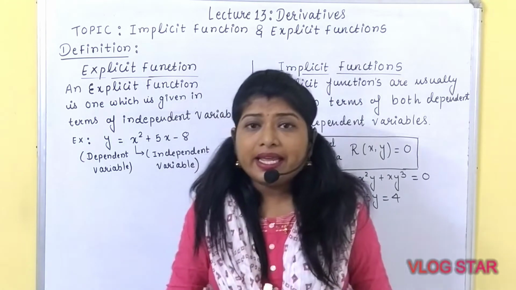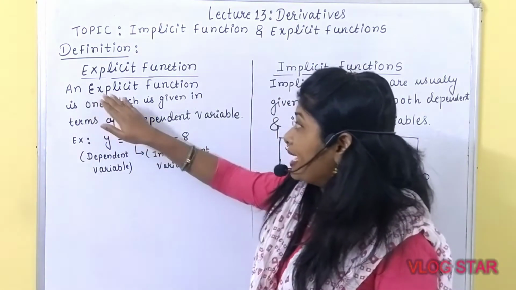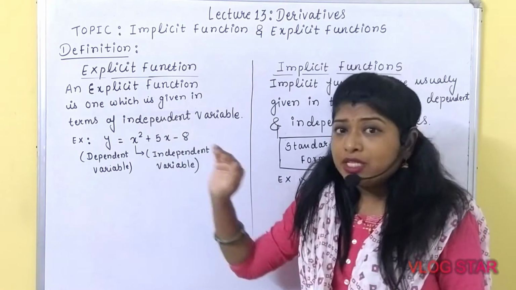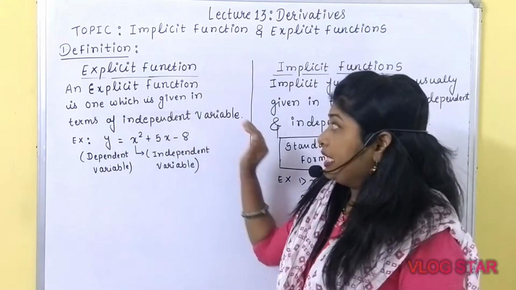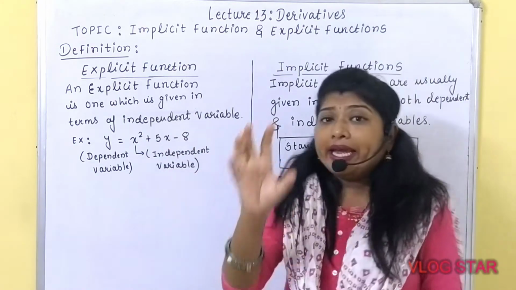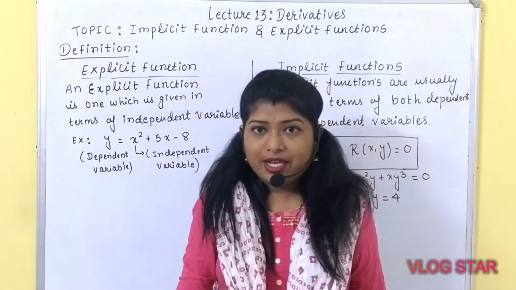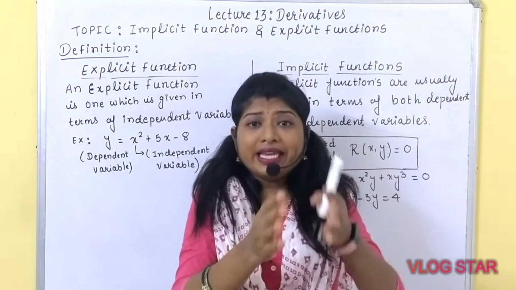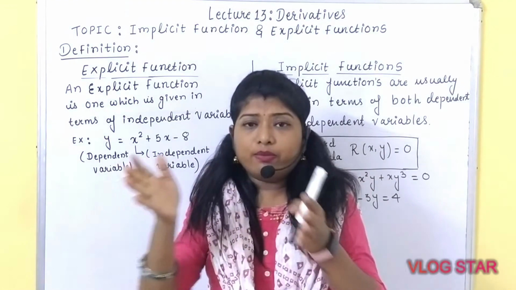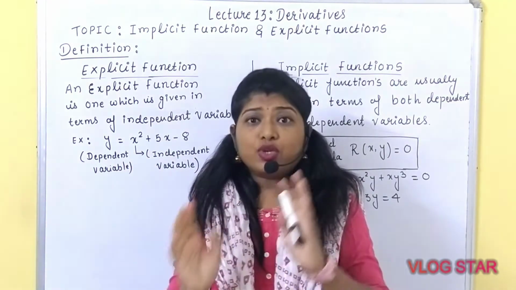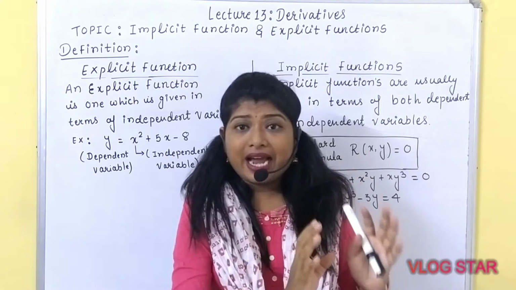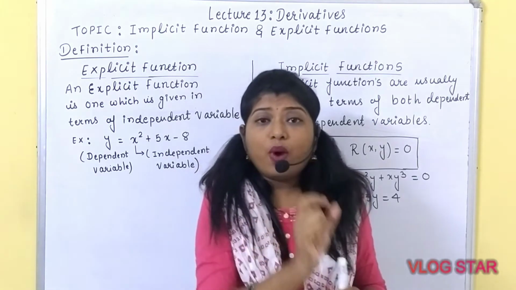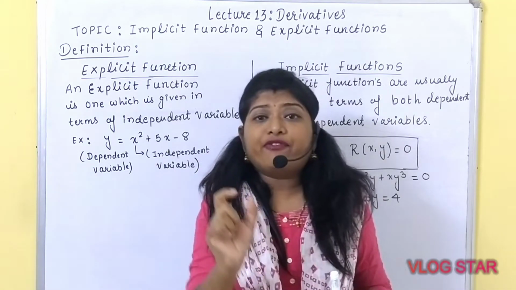So what is basically an explicit function? An explicit function is one which is given in terms of the independent variable. In the previous video we considered y is equal to, with all the terms in terms of x. If you remember, the standard equation was y is equal to f of x.